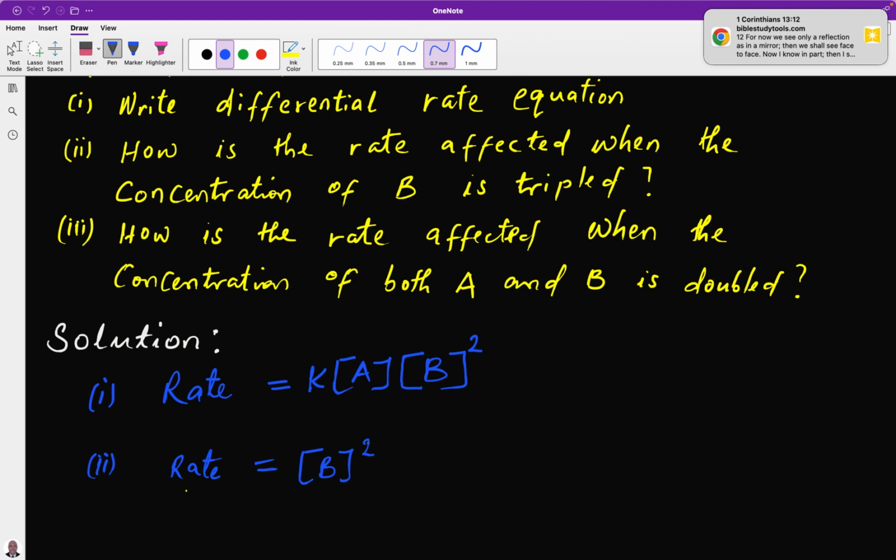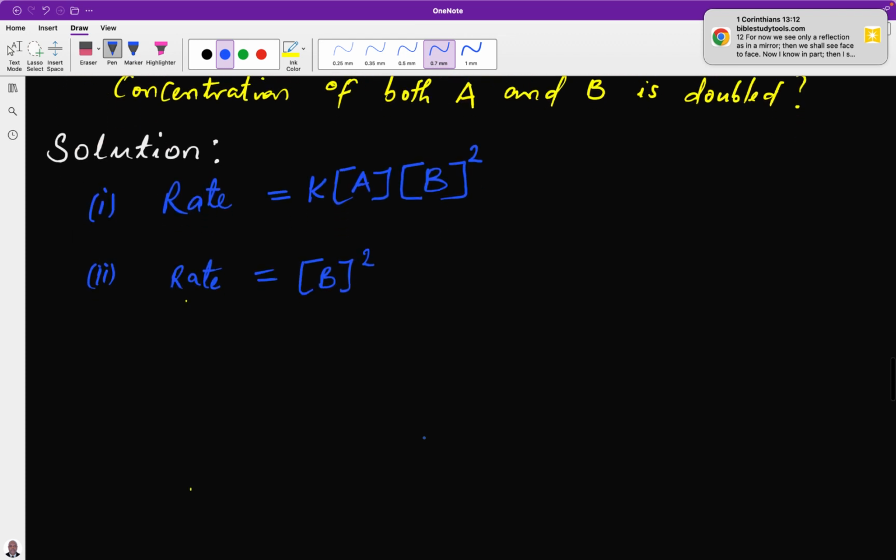Only B. Now we are told how is the rate affected when the concentration of B is tripled. The next thing is, if the concentration of B is tripled, let's write the differential rate. Rate would be equal to what?